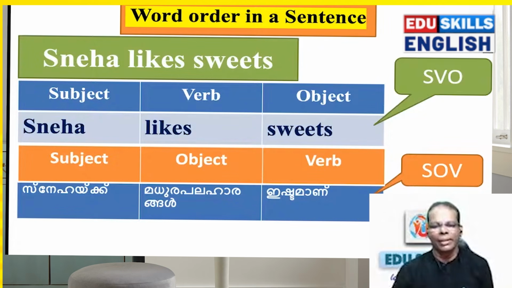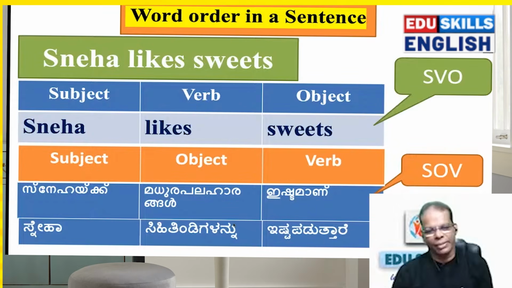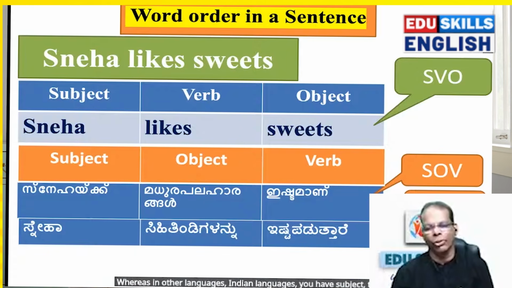Coming to another language, if you know Kannada, Sneha sihi tindigalannu ishtapaduttare. Again, Sneha is the subject, sihi tindi is the object, and ishtapaduttare is the verb. So you see, English is SVO, but Malayalam, Kannada, and all these languages are SOV. If you take Tamil, again it is subject, then object, then verb.